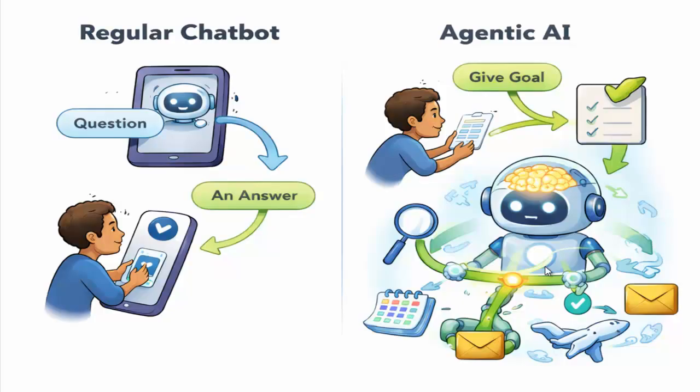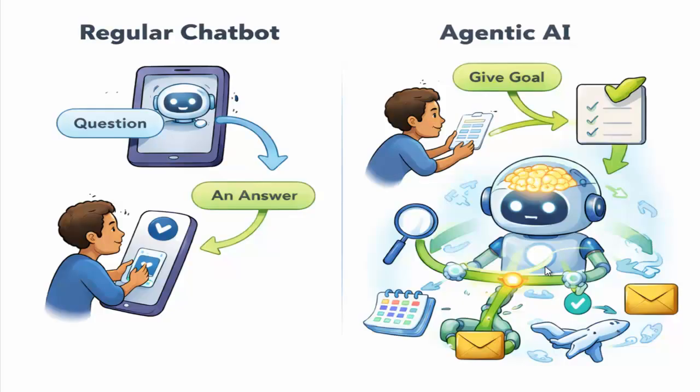A normal chatbot has only a brain but no hands. So it can talk, but it cannot act. Agentic AI works because the brain, the LLM, and the hands, the tools, work together to achieve a goal. That is Agentic AI. Just remember, Agentic AI means brain plus hands. Both are working together to achieve the goal.